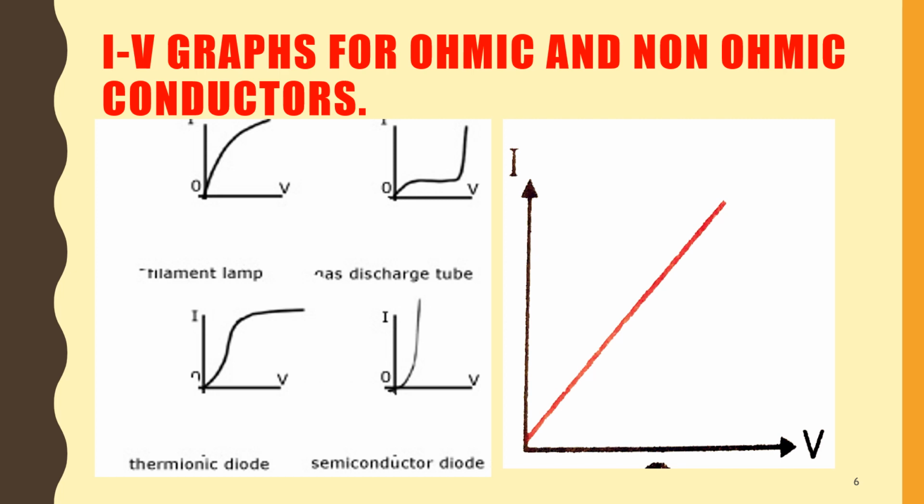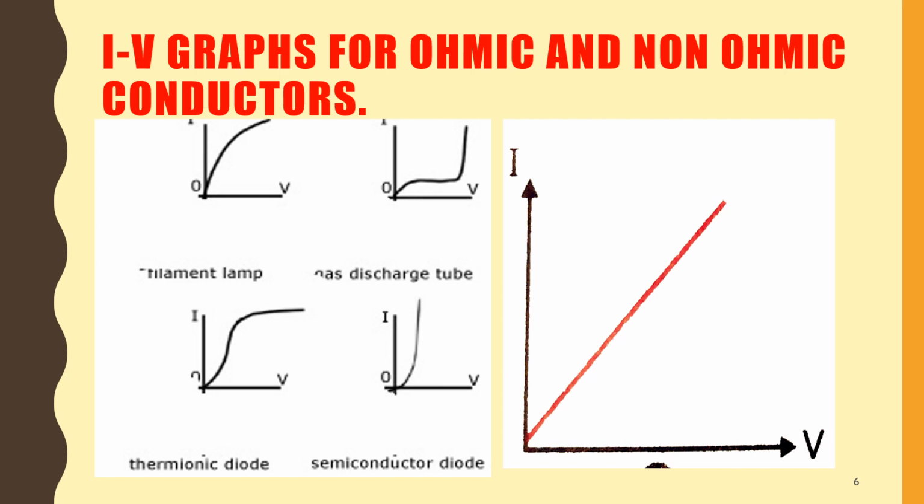Here we have some of the characteristic graphs of non-ohmic conductors. And then on the right-hand side, you see the IV graph for ohmic conductors. So filament lamp, a gas discharge tube, thermionic diode, and semiconductor diode, all their characteristic IV graphs are represented here, as you can see on the left-hand side.